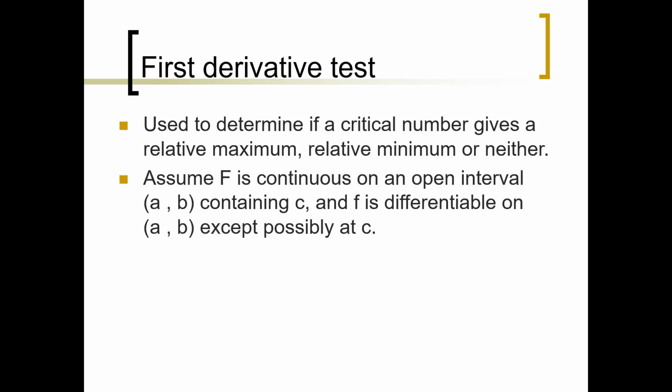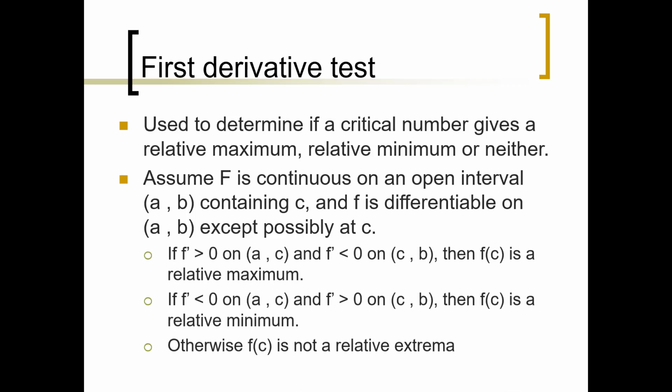Because if you assume that f is continuous on some open interval that contains c, and this function is also differentiable in that open interval, except possibly at c, there's a couple possibilities that could happen. If the derivative is positive before c, then the function is increasing on that interval.